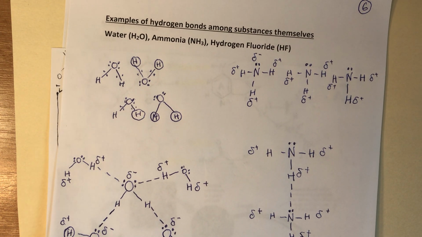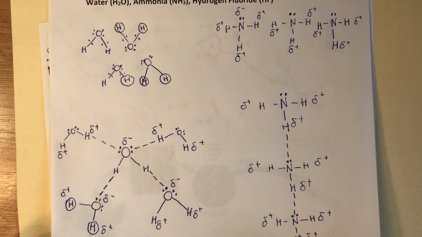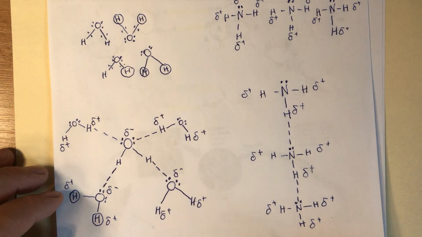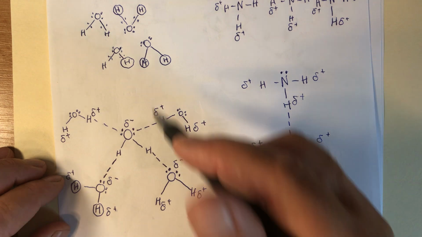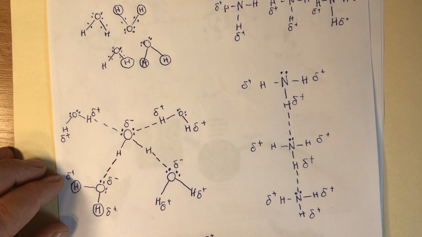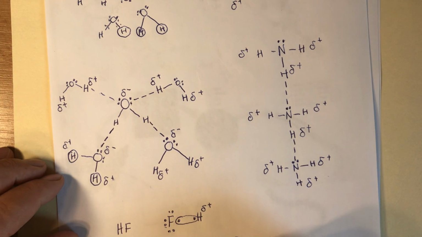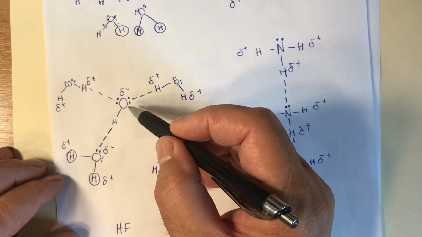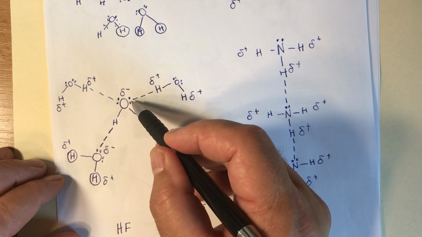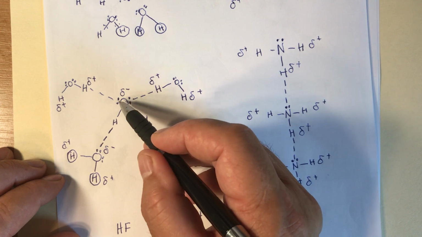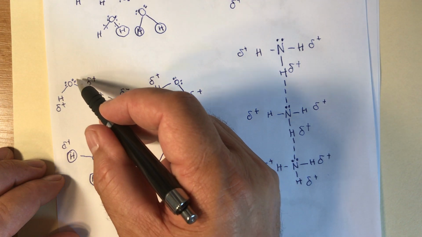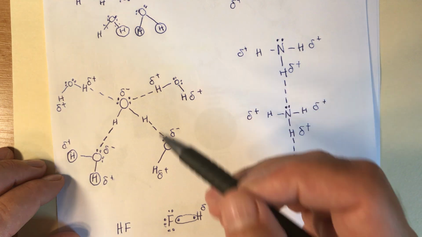Examples of hydrogen bonds among substances themselves: water, ammonia, and hydrogen fluoride. I have 4 water molecules here, arranged so that this oxygen forms 2 hydrogen bonds through lone pairs of electrons with other water molecules.